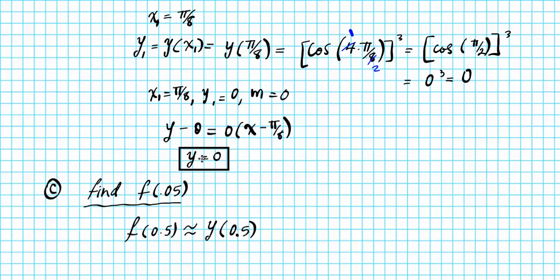So thus, equation y equals 0 is independent of the input, so our answer is equal to 0. Okay, so if you want to approximate the output of this function at 0.5, I don't know why I put 0.05 there. At 0.5, you can simply use the tangent line as your replacement function, and you get an answer. Remember, this is an approximation, it's not the exact value.